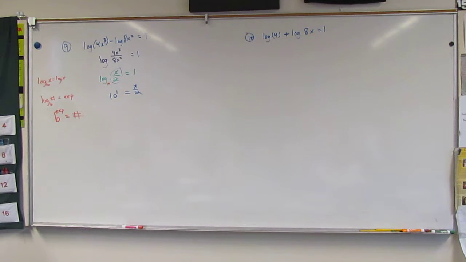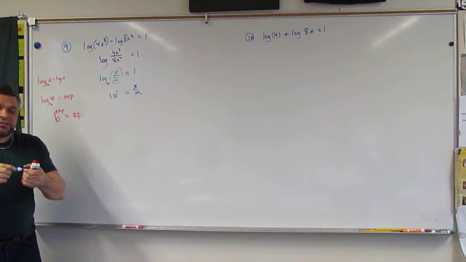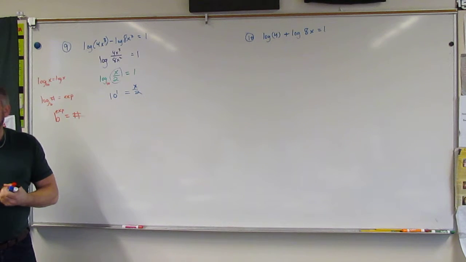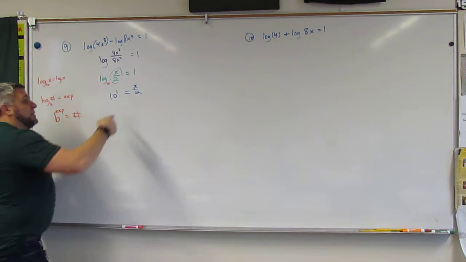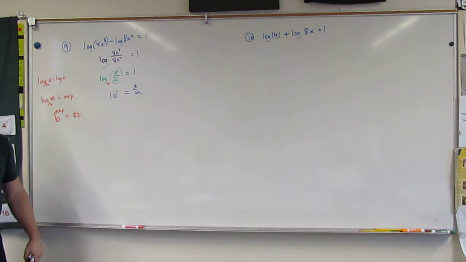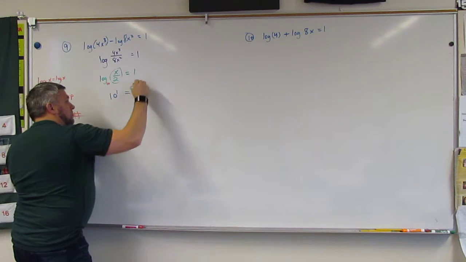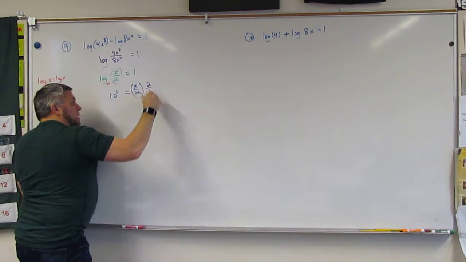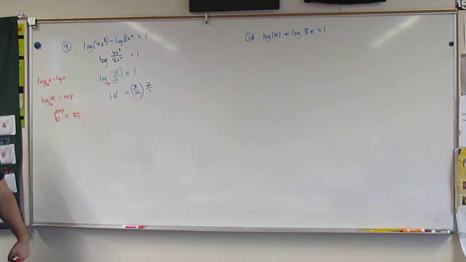And what happens here is now we can solve. What is 10 to the 1? 10. Just 10, right? How do I get x alone? Multiply by 2 over 1, right? Because 2 halves is a whole.